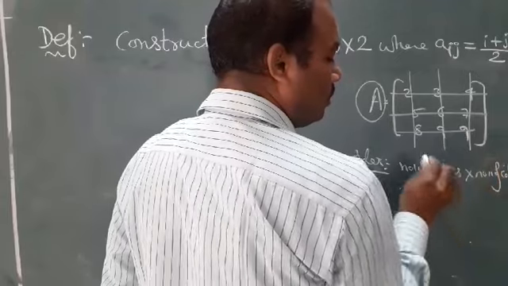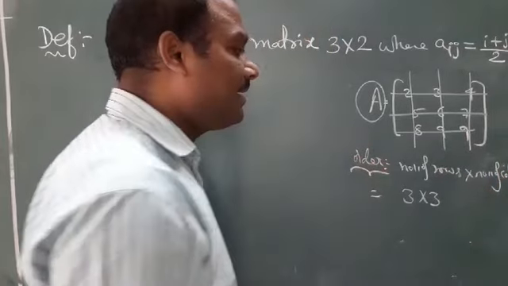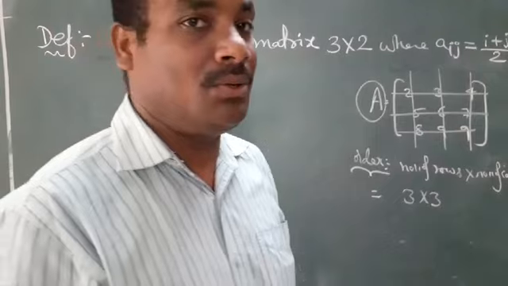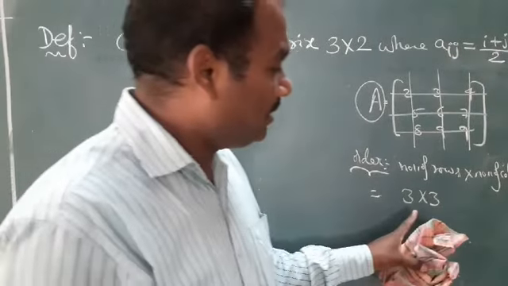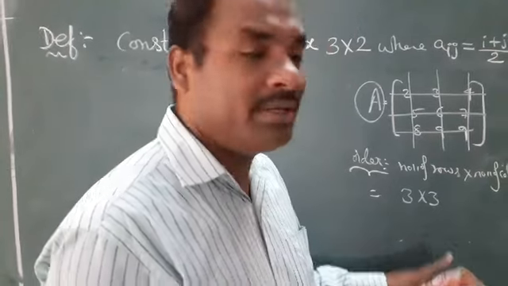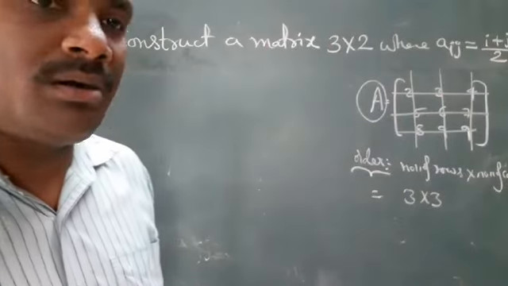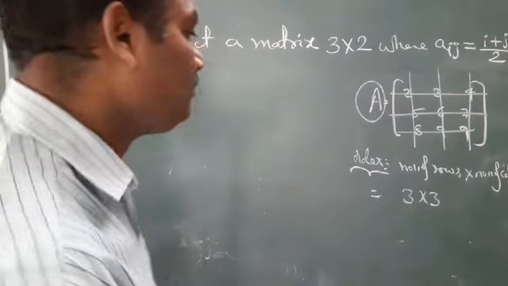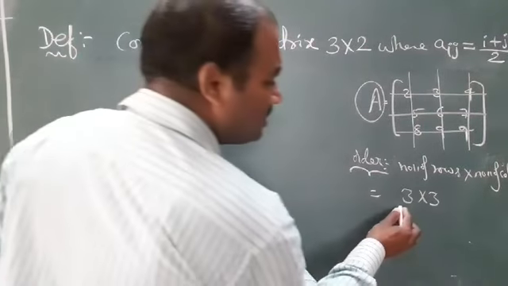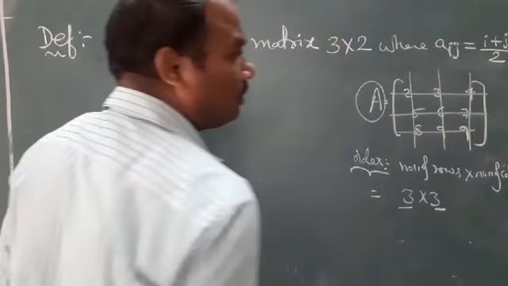So 3 columns. Now the order of the matrix A is 3 by 3. We read it as 3 by 3. Somebody may read it as 3 into 3, that is wrong. We read 3 by 3. It means 3 rows, 3 columns.